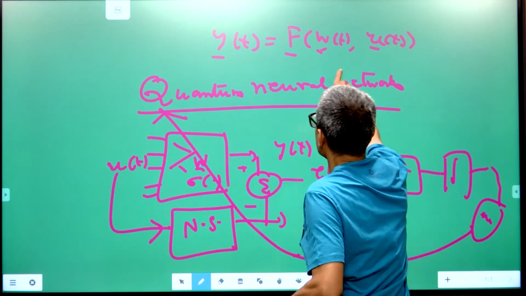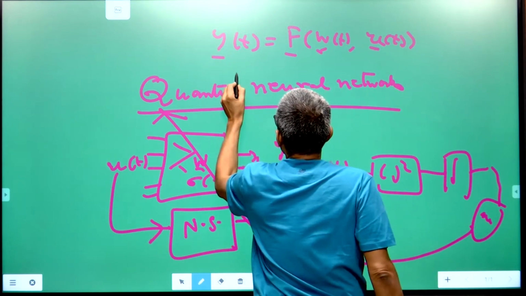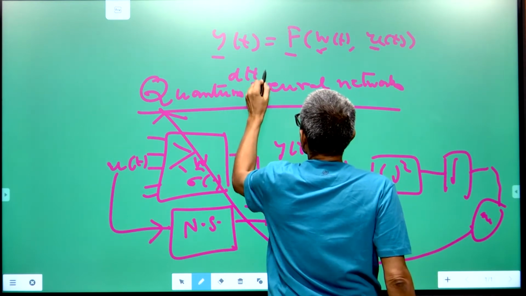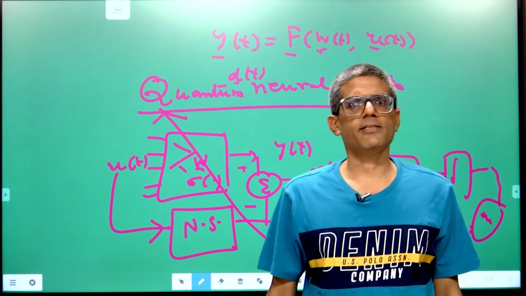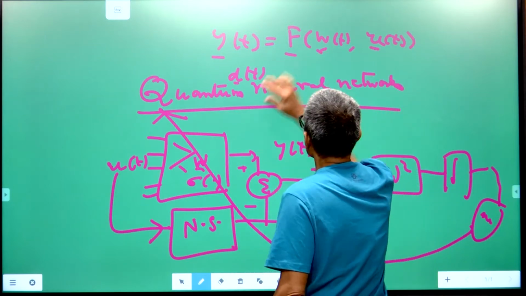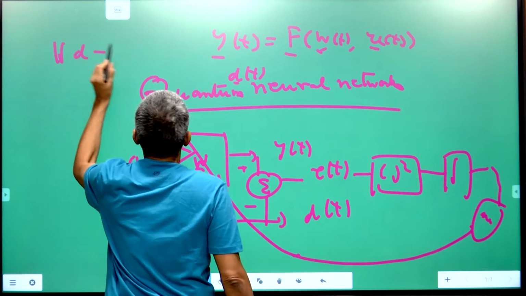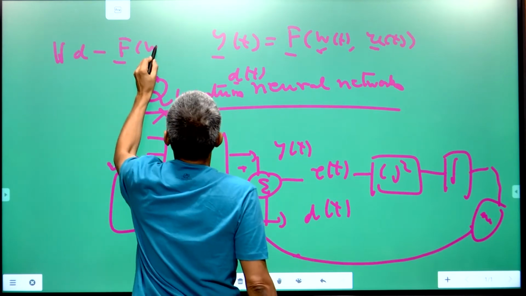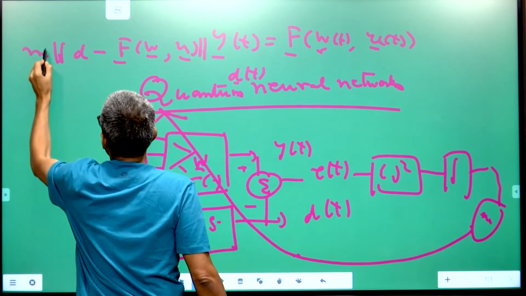So, you choose the weights in such a way that the distance between the actual output of the neural network and the desired output, that is the actual system output, is as small as possible. You choose the weights by minimizing this error using the gradient search algorithm. So, you have some sort of an error between the two, f of w, u norm, and then you minimize this with respect to w.